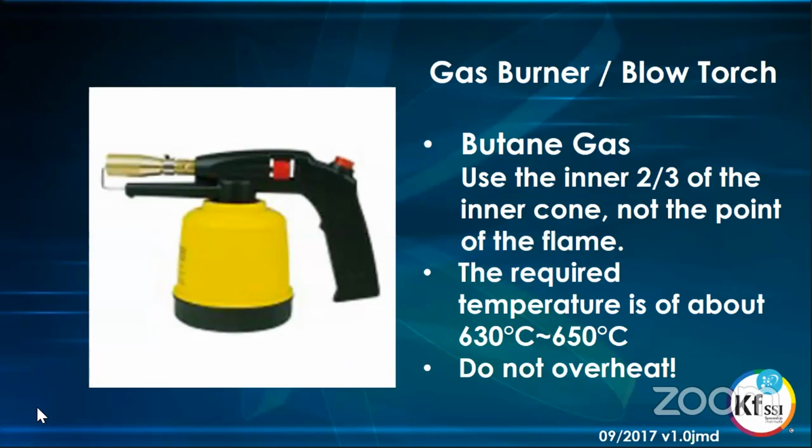So that's the second point: never overheat. If the surface becomes red hot, even for a fraction of a second, your coating will be ruined because it will pop off immediately.